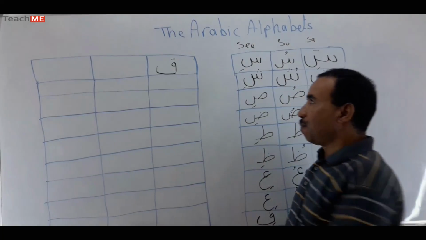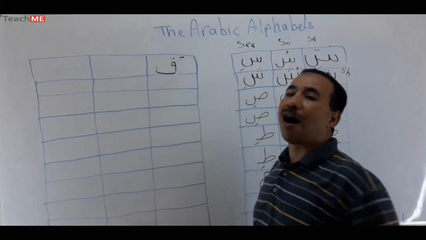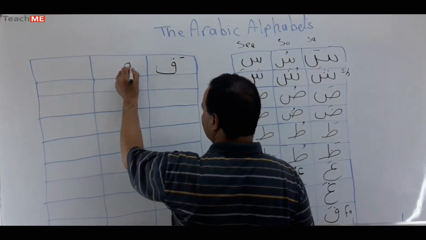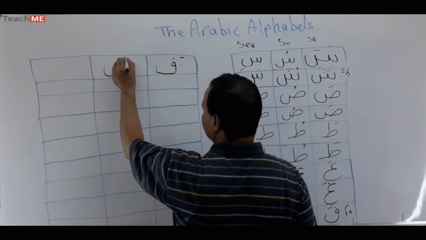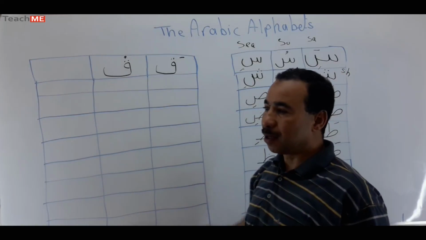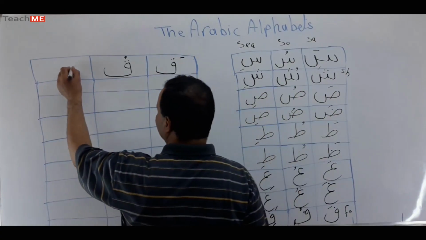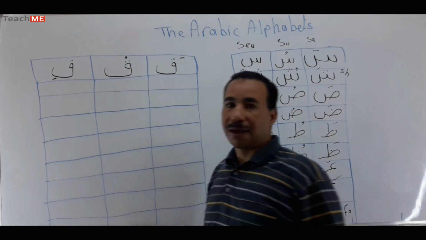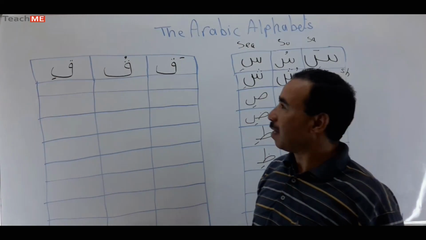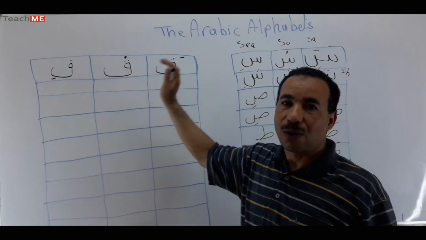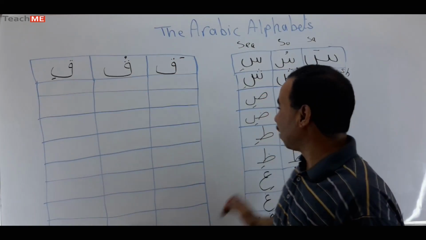If we put fatha, we get qa. With dhamma, qu. With kasra, qi. Qa, qu, qi.